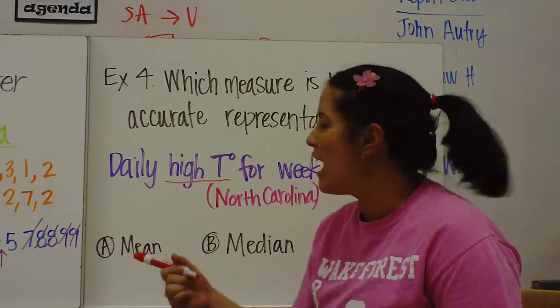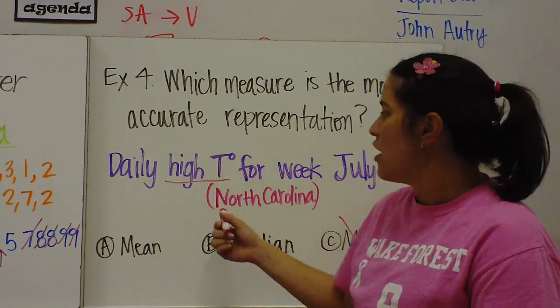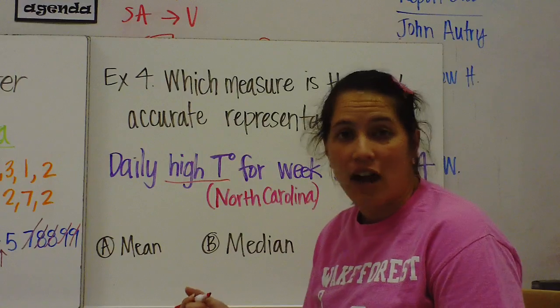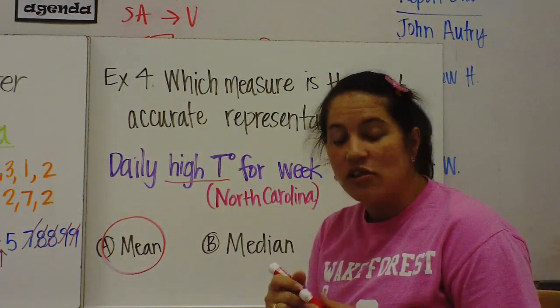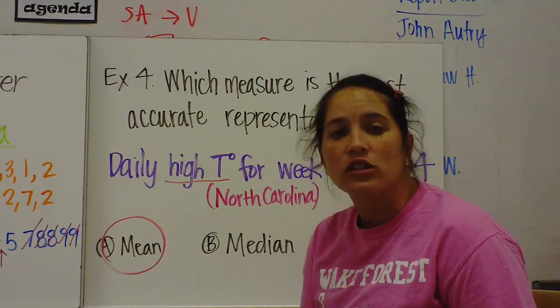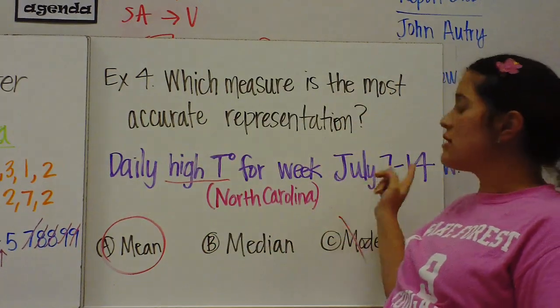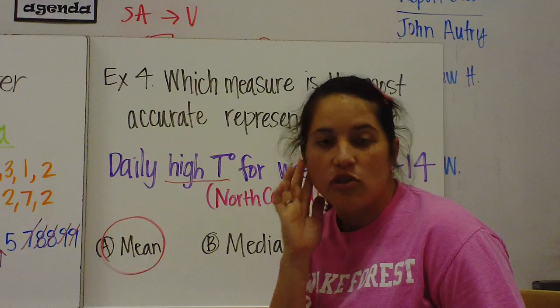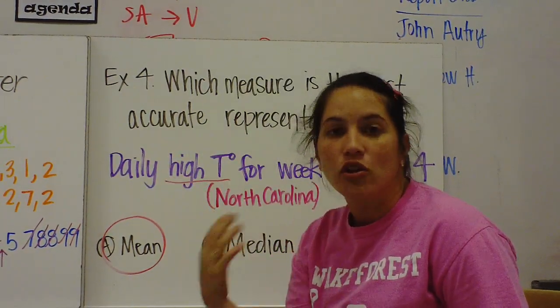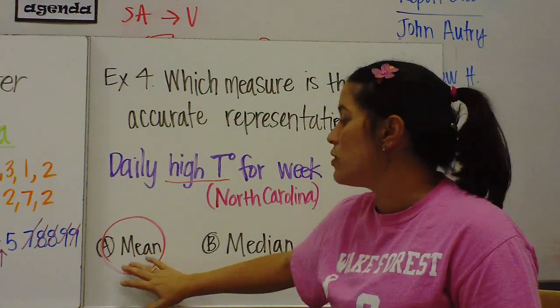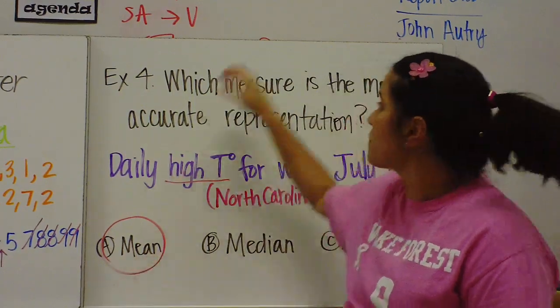So there would not be an outlier, so we would use the mean. If we looked at the record books for this week, July 7th through 14th, the temperatures are all going to be very close together, and we're not going to have a huge outlier. So we would use the mean temperatures.